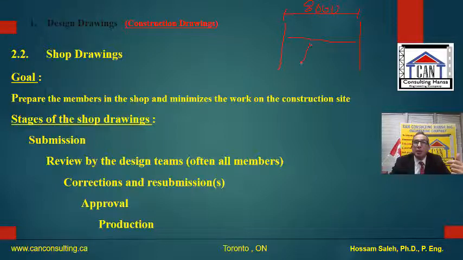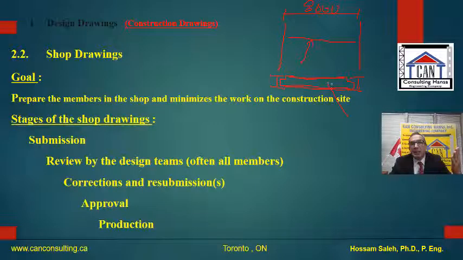And now this size here, after they calculate the web, the flange of the steel, and the other flange, then they can say this member here will have this shape. They cut the flange, and you have the web, and then you can have this shape of your steel beam, right? So that's the flange, and that's the lower flange, and they have to cut the top flange because of the interference.